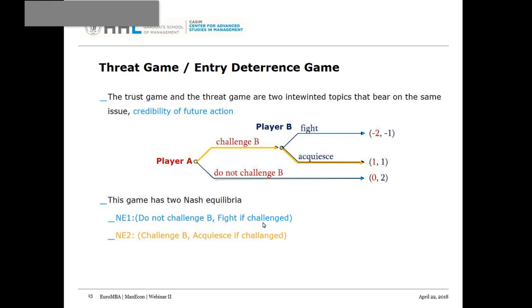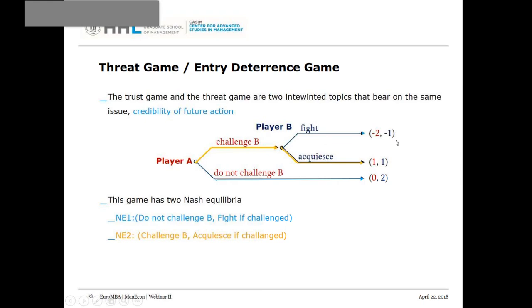Even though it is costly for this particular interaction with this challenger, you may think of having a signal sent towards other potential entrants. So by losing in this particular game, it may send a signal to others in the future, so you lose maybe 1 unit of payoff, but you might secure some in the future.